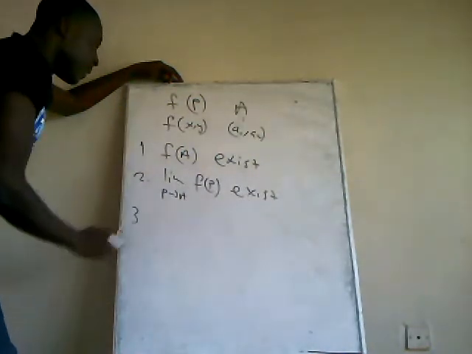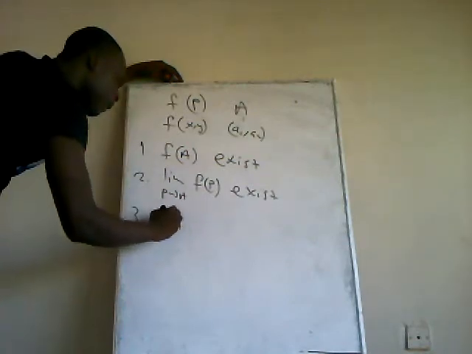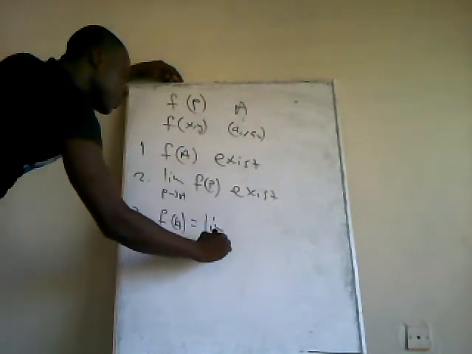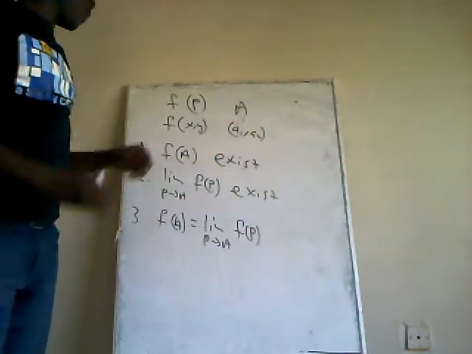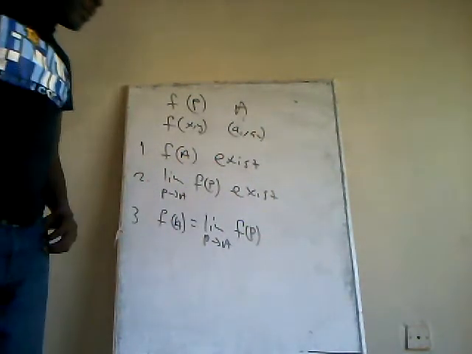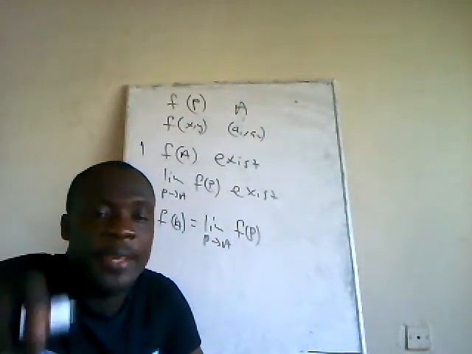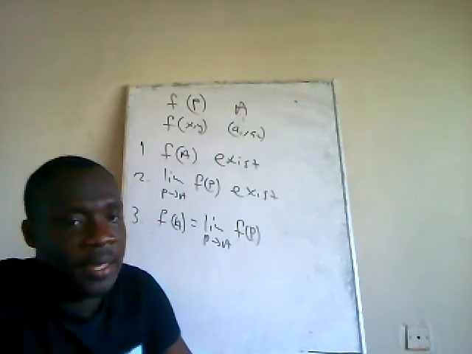And three, if 1 is equal to 2, that is, if f of a is equal to the limit as p approaches a of f of p. If all those three things are satisfied, then we say that the function is continuous at the point A.